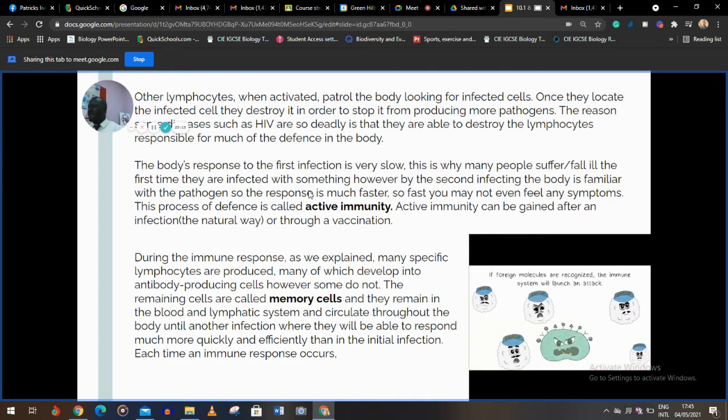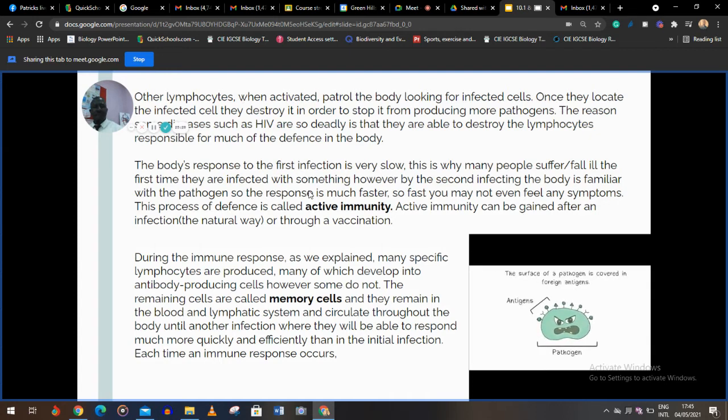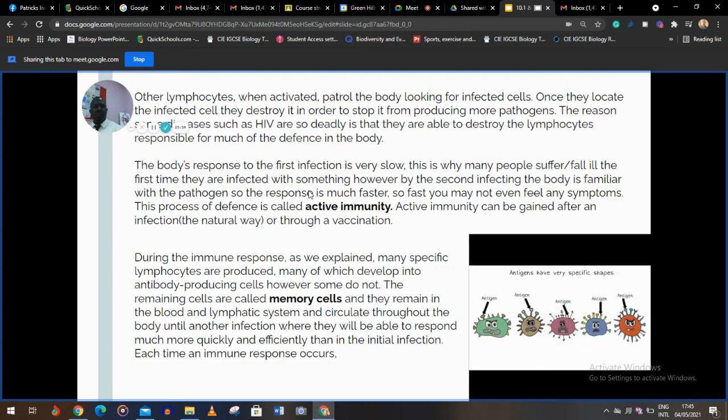If foreign molecules are recognized, the immune system will launch an attack. Foreign molecules that trigger an immune response are called antigens. The surface of a pathogen is covered in foreign antigens. Antigens have very specific shapes, and different types of pathogens have different antigens on their surface.